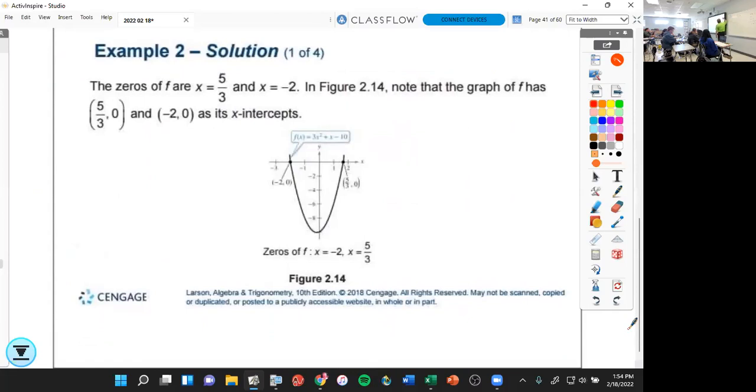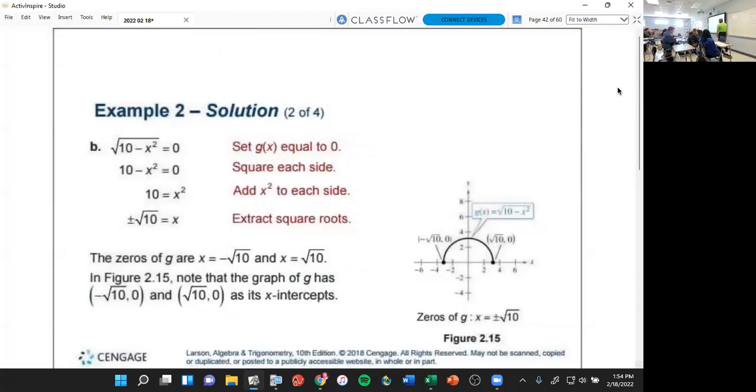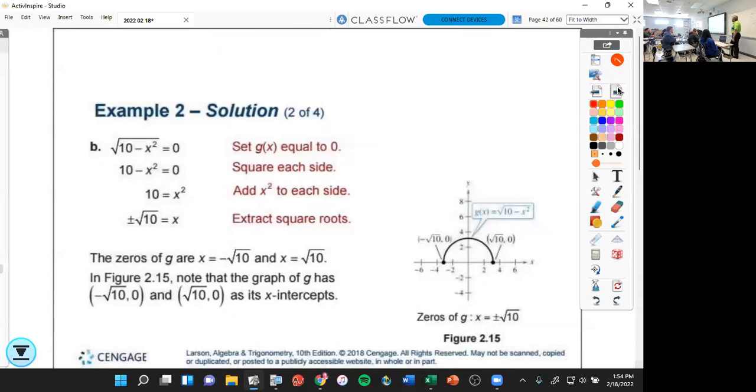Moving on to part B. Part B, we squared both sides. We added 10 to both sides, added x squared to both sides, took the square root of both sides, plus or minus square root of 10. And that is the graph of a half circle, semicircle. That is the equation of a semicircle right there. Okay. And that's what we got, right?